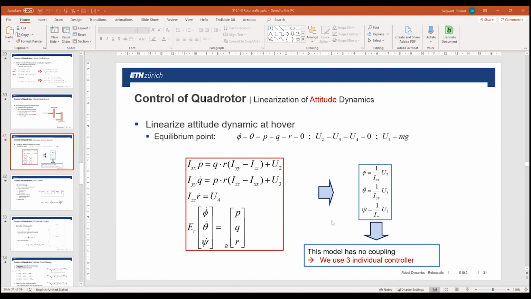So there was this question: why do we use them if they are zero at hover? Of course, at hover you have to control hover. In principle, in the ideal case, all the forces will be 0 and U1 will be mg, but in reality, of course, you have to control.